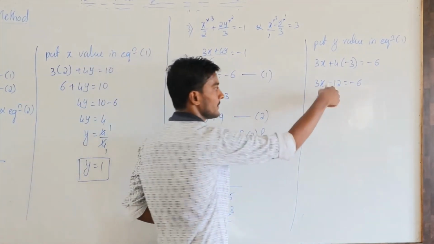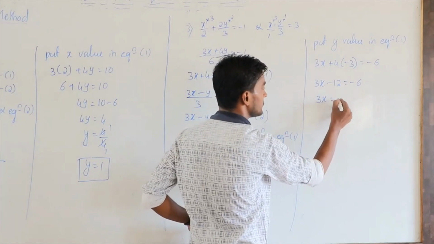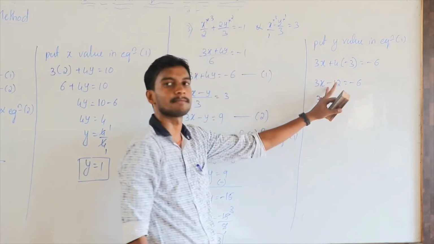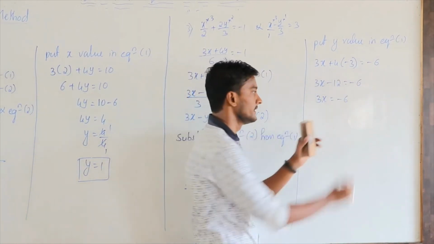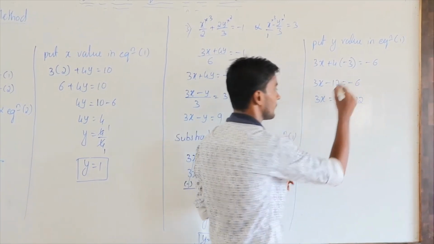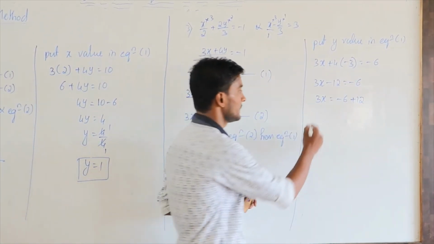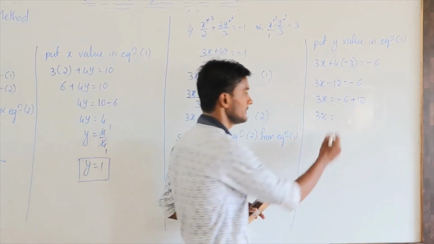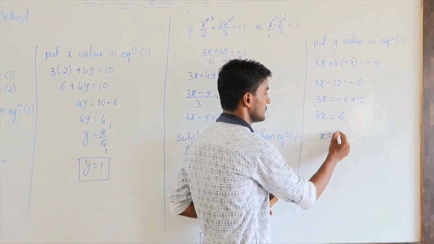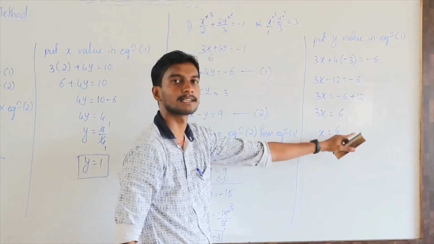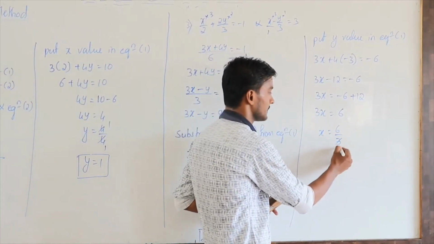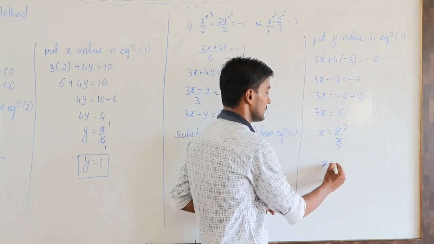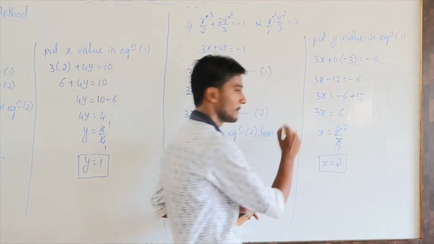So this minus 12, if you move it to the right side, it becomes plus 12. So 3x is equal to 12 minus 6. It is 6. This 3, if you take it to that side, divided by 3. 3 ones are 3, 3 twos are 6, x is equal to 2.